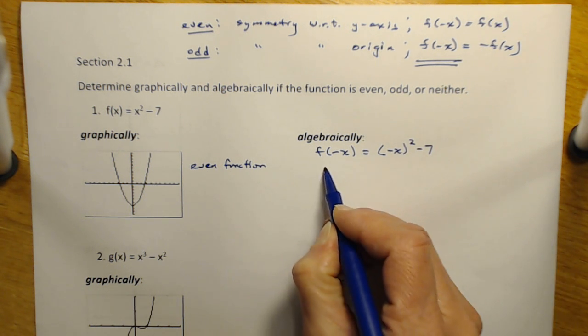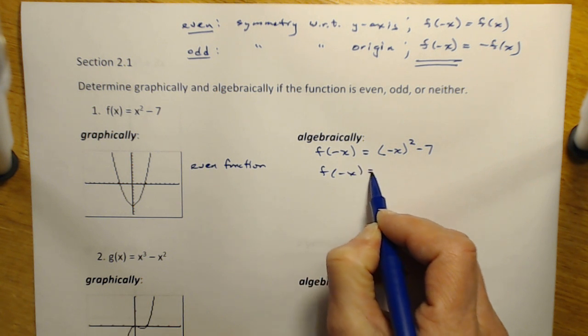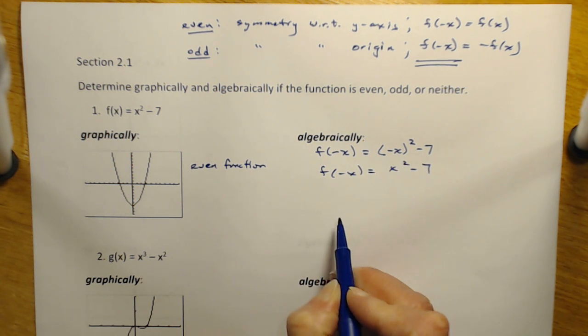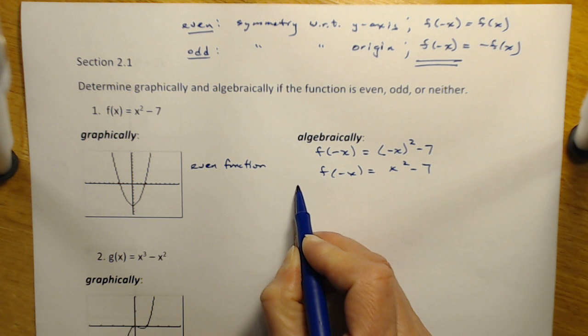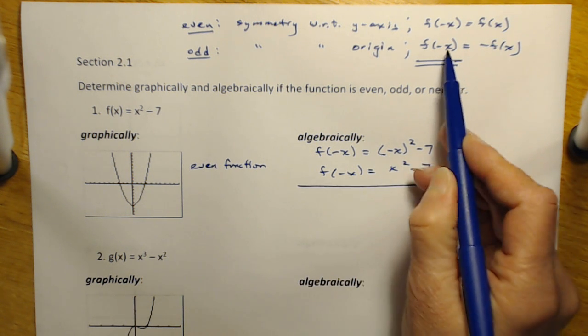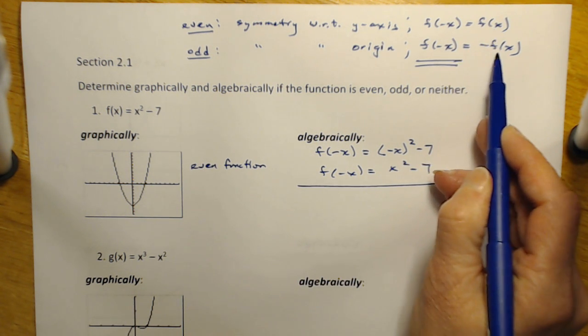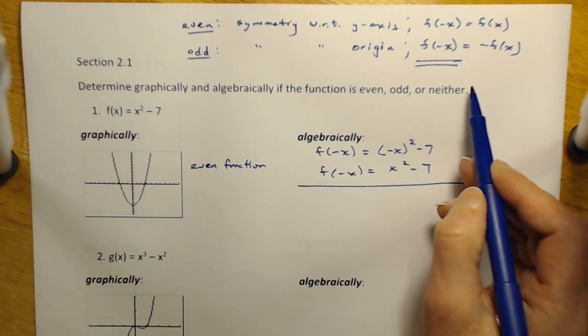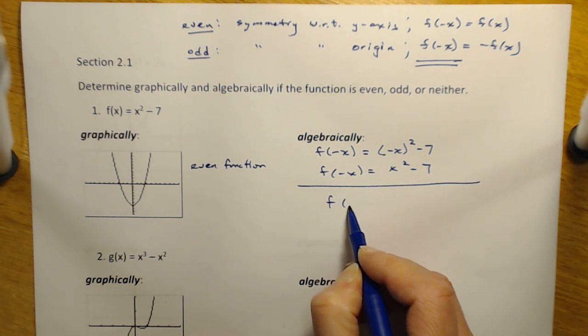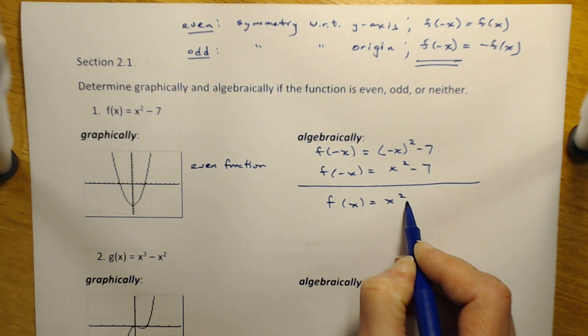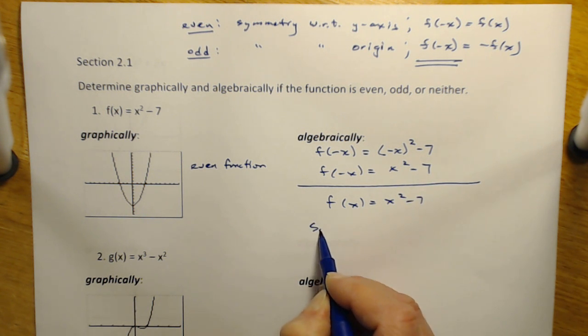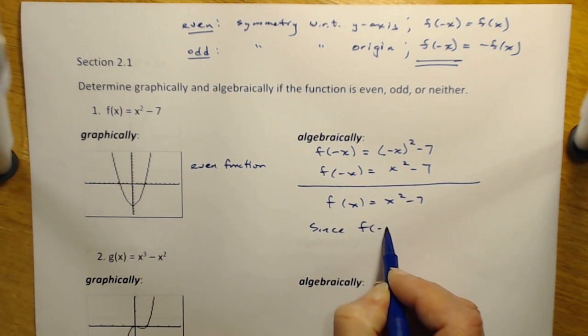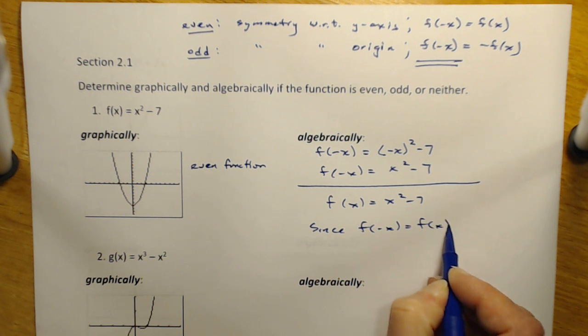Okay. So this obviously then will simplify to x squared minus 7. Okay. And then again, what do I want to check? Is this equal to the original, the opposite of the original, or neither? Okay, well, clearly we can see the original, x squared minus 7, it's the same. So since f of negative x equals f of x, the function is even.